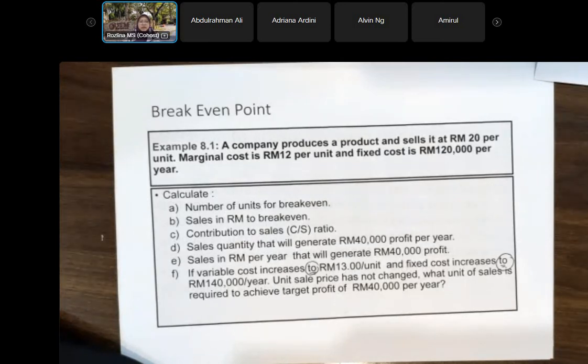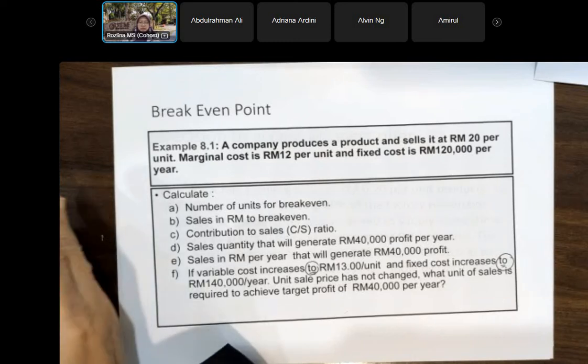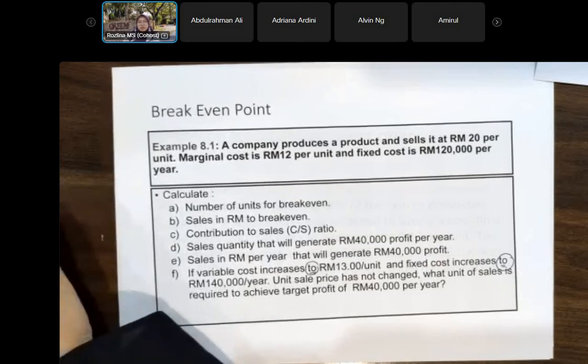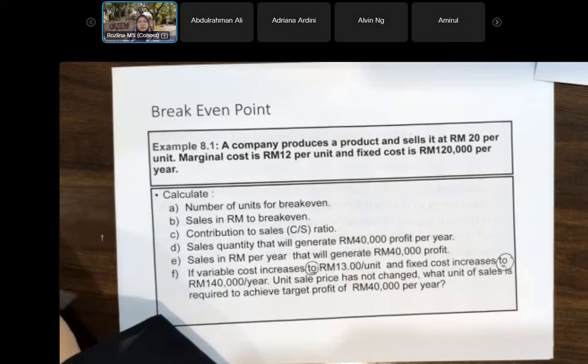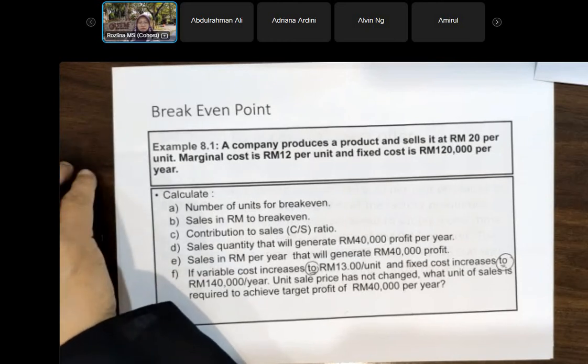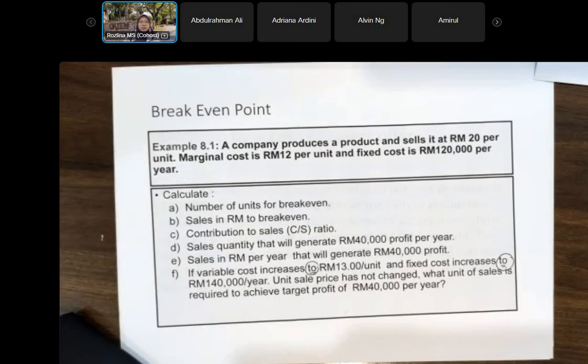Maybe you have additional space that you can use to produce more. Instead of producing just 10,000, you can also add some more units of production. So you have to identify the contribution from the product.